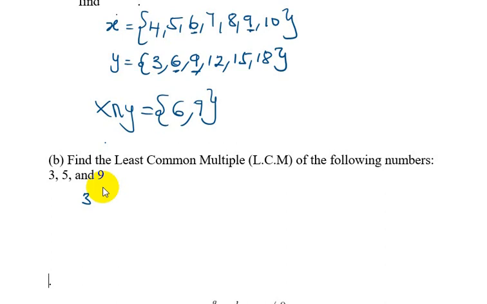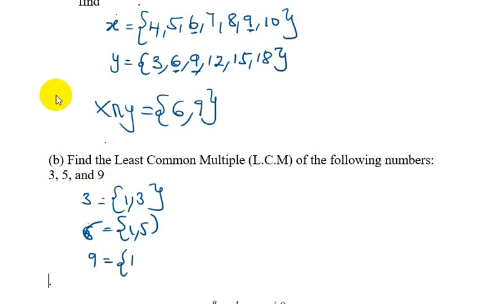So when we look for the factors of 3, we get 1 and 3. Factors of 5, we are getting 1 and 5. Factors of 9 too, we are getting 1, 3, and 9. So you can see clearly that for 3, the greatest factor is 3.